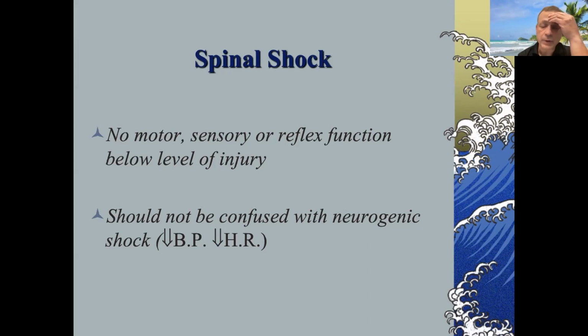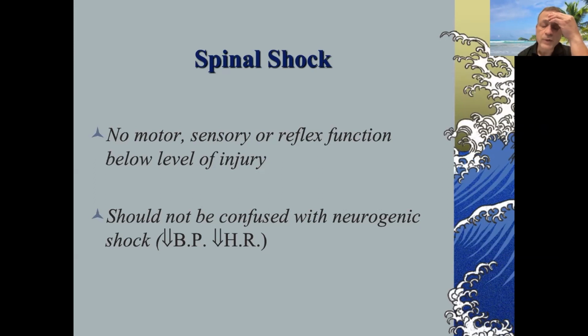So that's an example of the early phases of spinal cord injury where the neurological exam may not be completely accurate. And it has to be distinguished from neurogenic shock, which is the cardiovascular effects of a spinal cord injury above T6. Essentially you knock out the sympathetic system and you have parasympathetic overdrive.